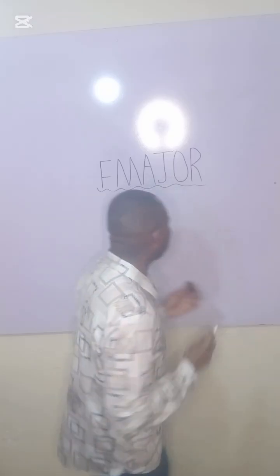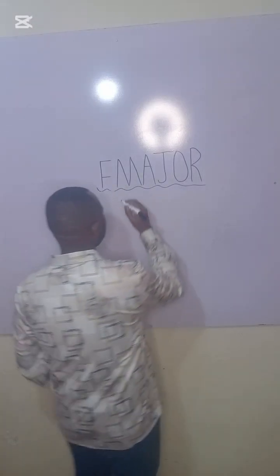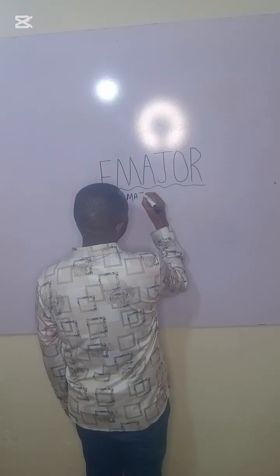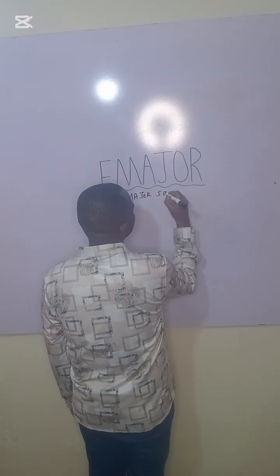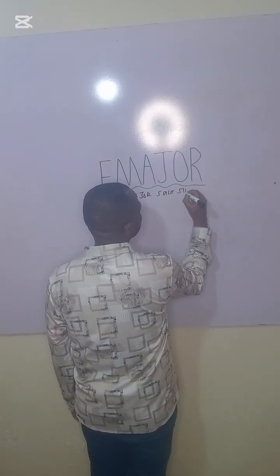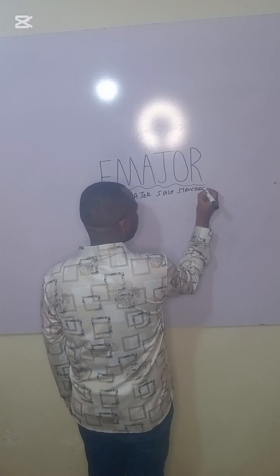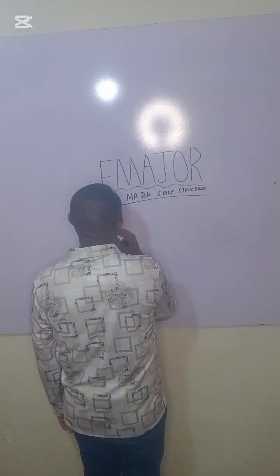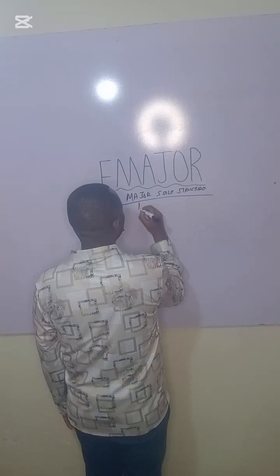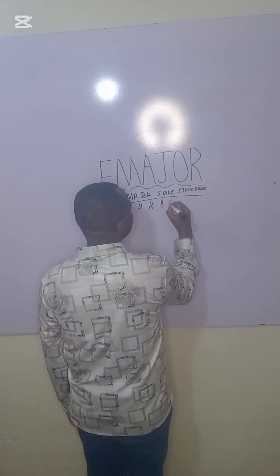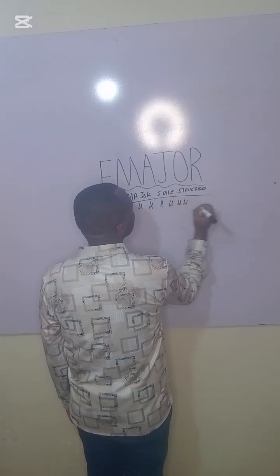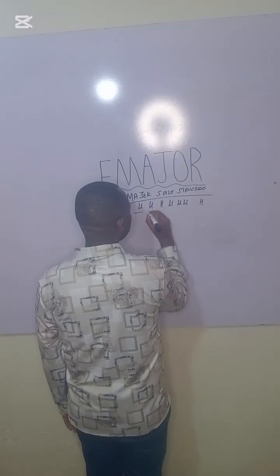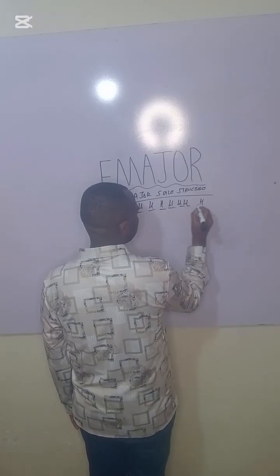Let me just write it. So the major scale structure. I remember teaching you 2 whales have 3 whales houses, which means that this is a whole step, half step, whole step, whole step, whole step, half step.